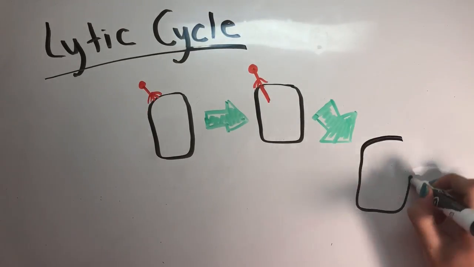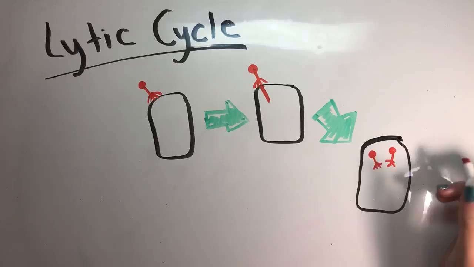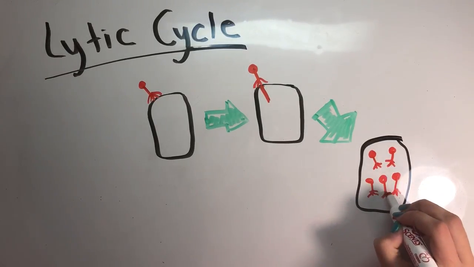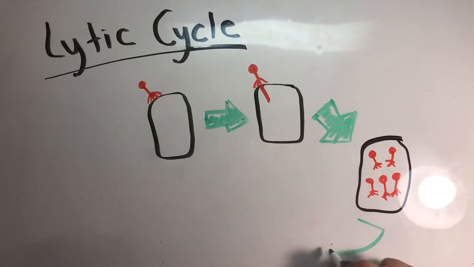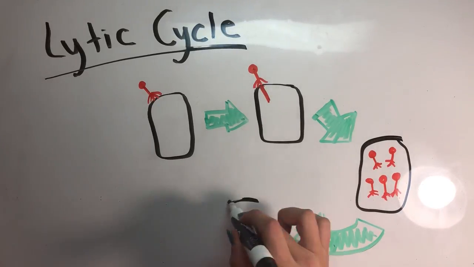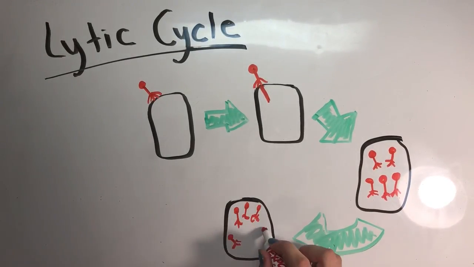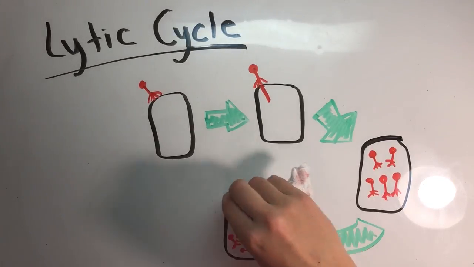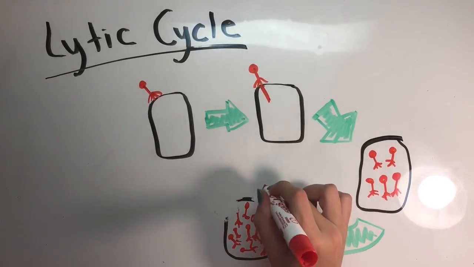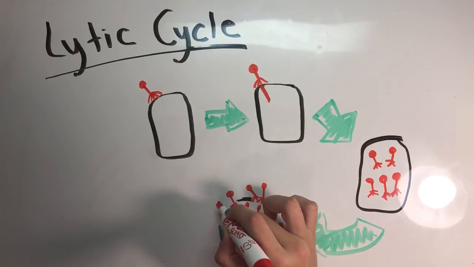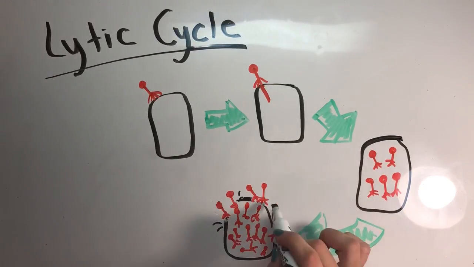Then, the phage DNA circularizes. New phage DNA and proteins are synthesized, and these components create phages. Due to the vast replication of the phages, the cell lyses, and the phages inside are released.